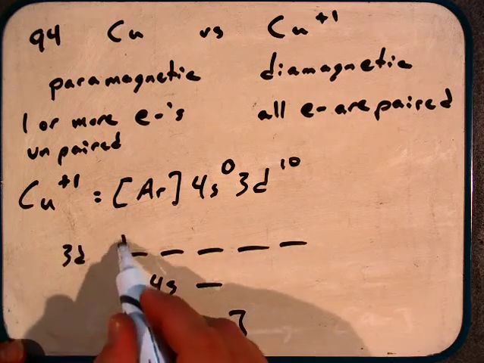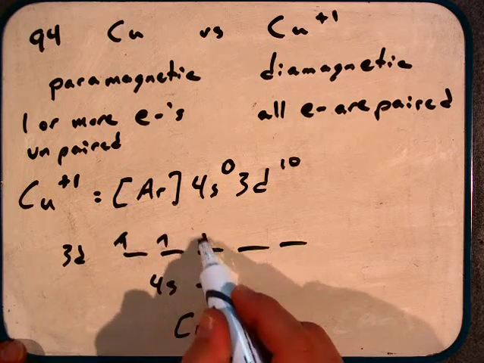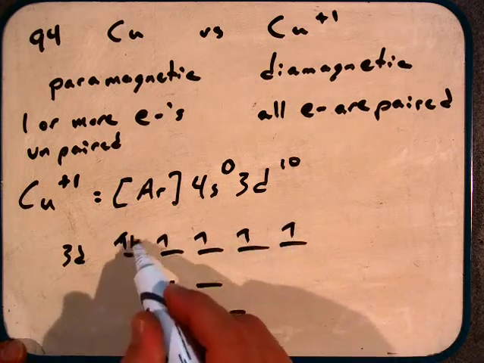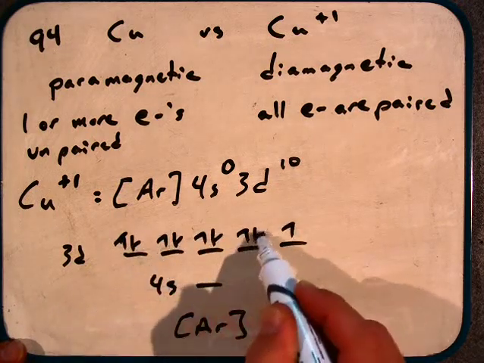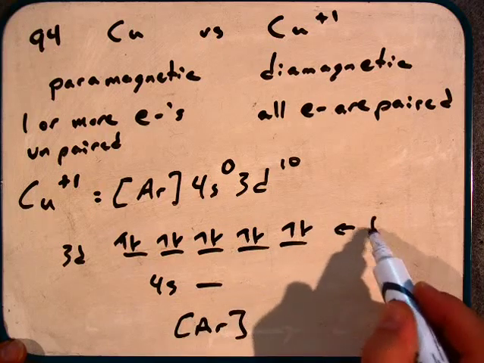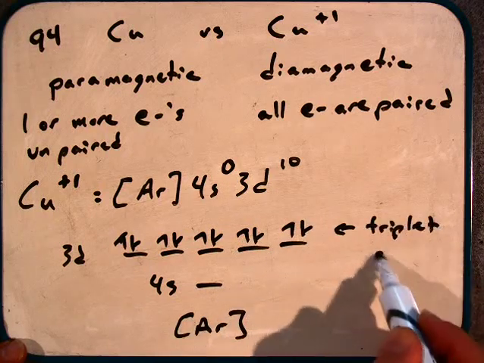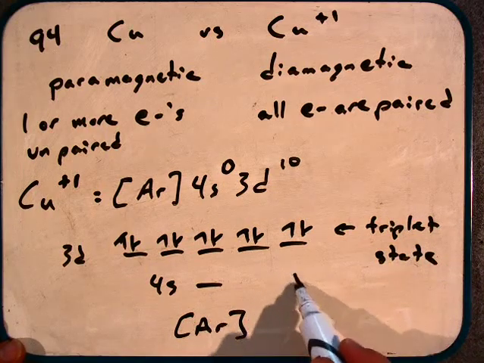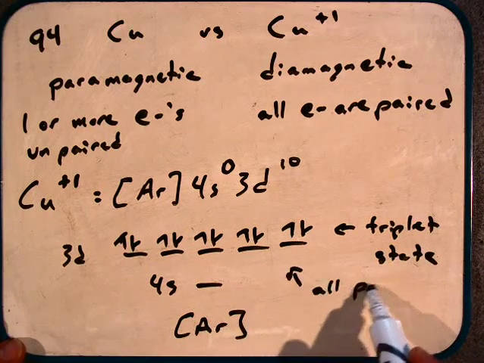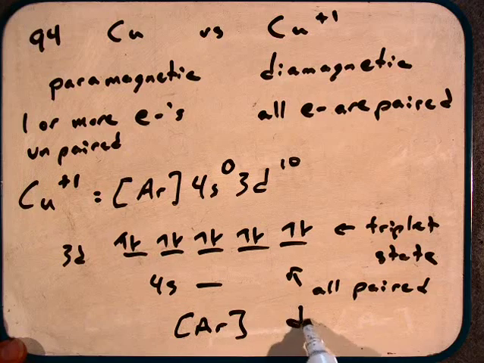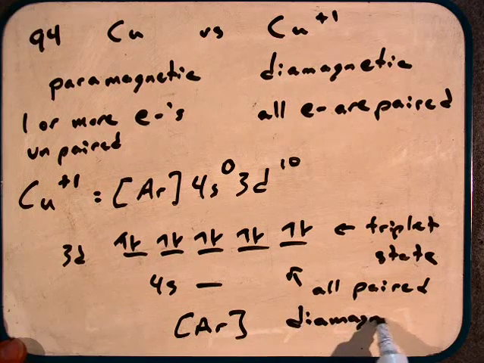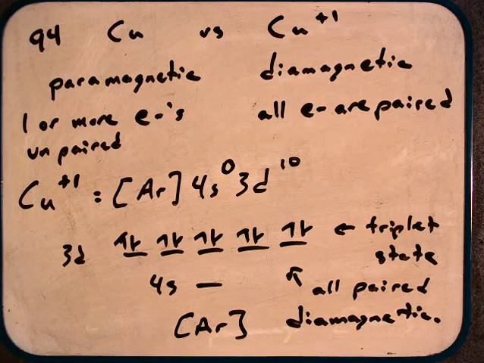We have the 3d, which is now completely filled, just like it was in the neutral copper form. Again, it still has that triplet state. And so notice that all are paired, and so that's why it is diamagnetic, or simply not paramagnetic.